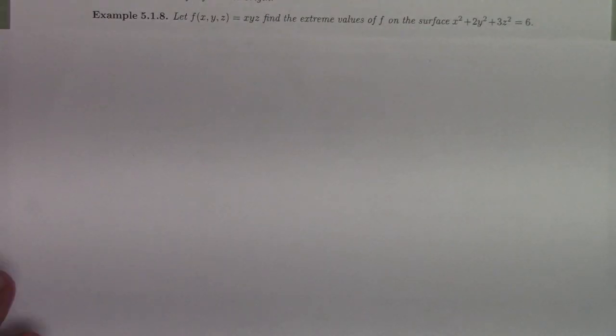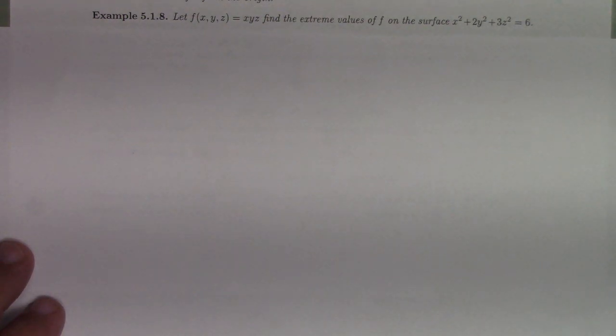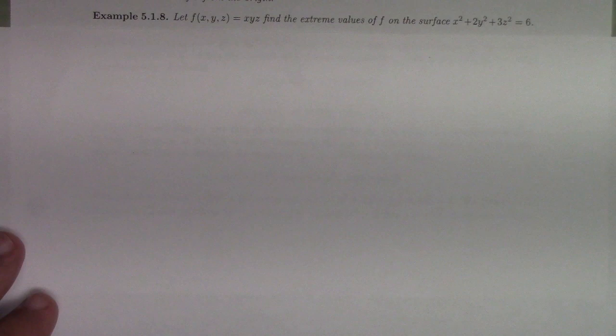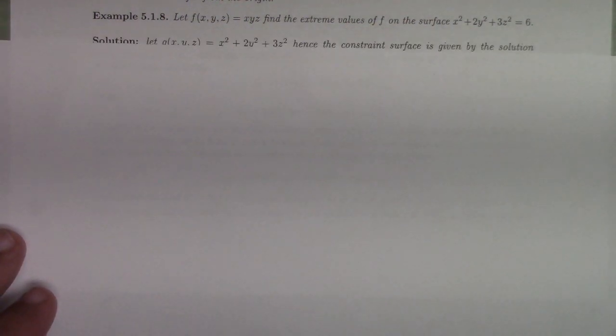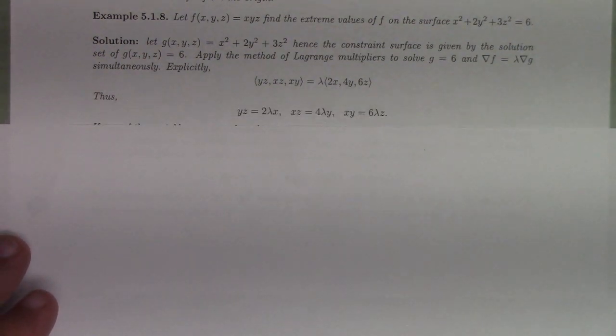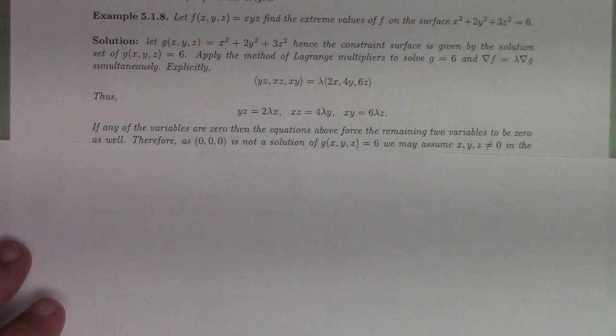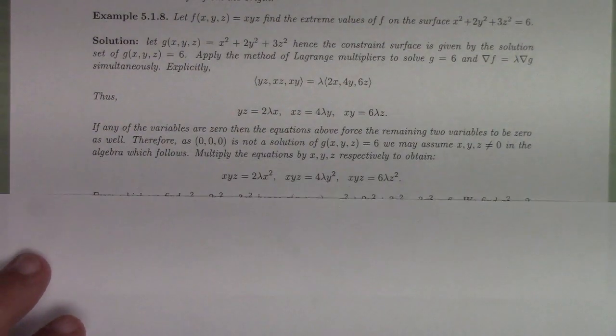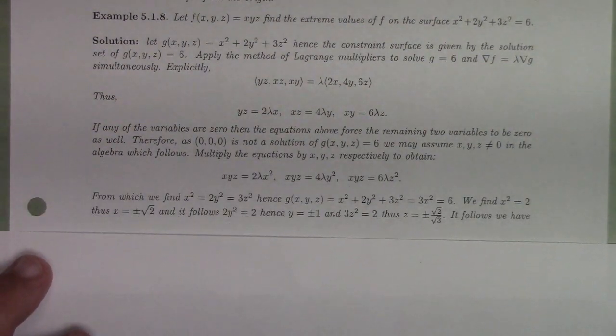But anyway, this one, the objective function is xyz, and the constraint surface is actually an ellipsoid, and so again, we get 3 Lagrange multiplier equations because it's a 3-dimensional problem, and you can solve those through the algebra here.